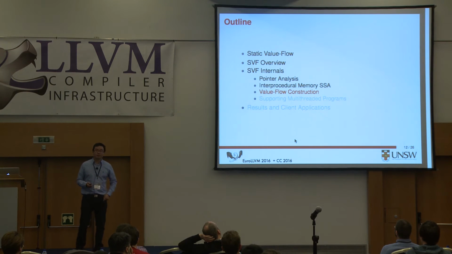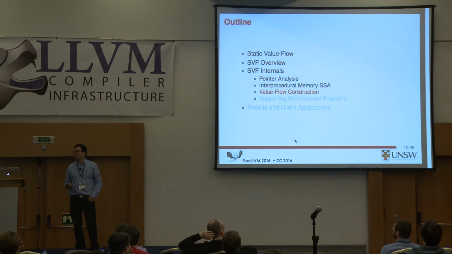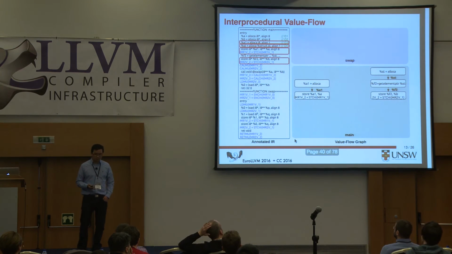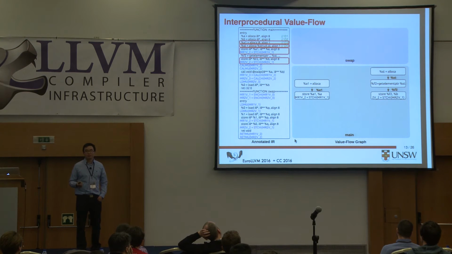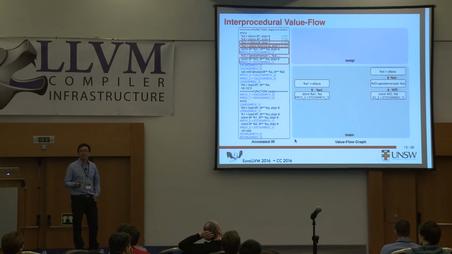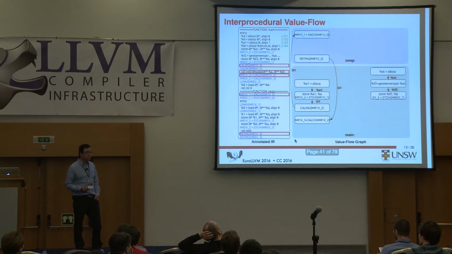The next step is to construct the value flow given this memory SSA form. On the value flow graph, each node represents a definition of a variable, and the edge between two nodes represents the def-use relation of a variable. We can see the top-level pointers are easily connected, and their def-use relations are easy to represent.